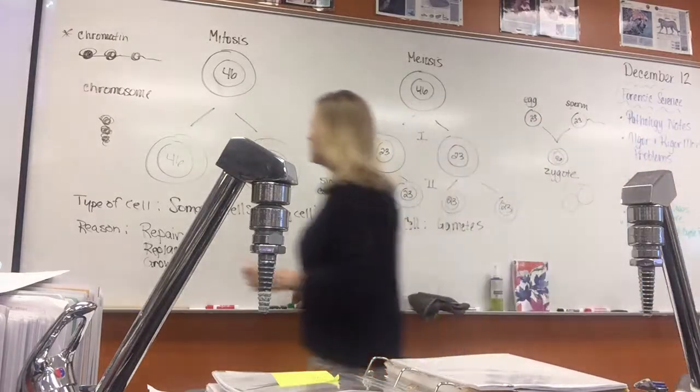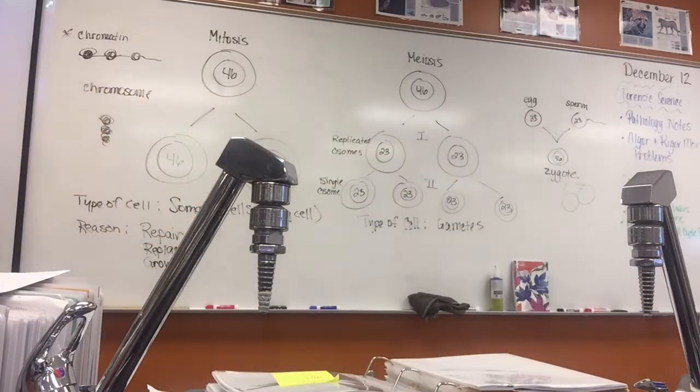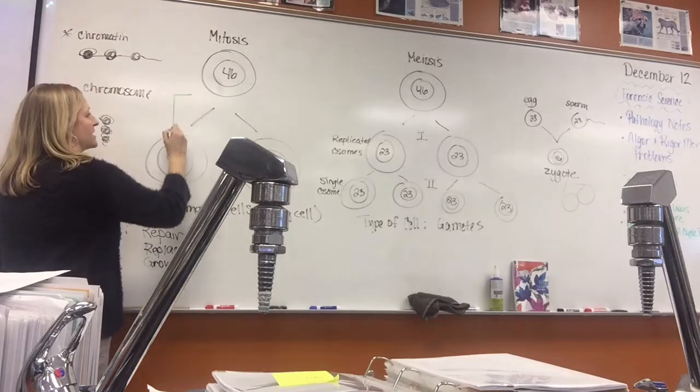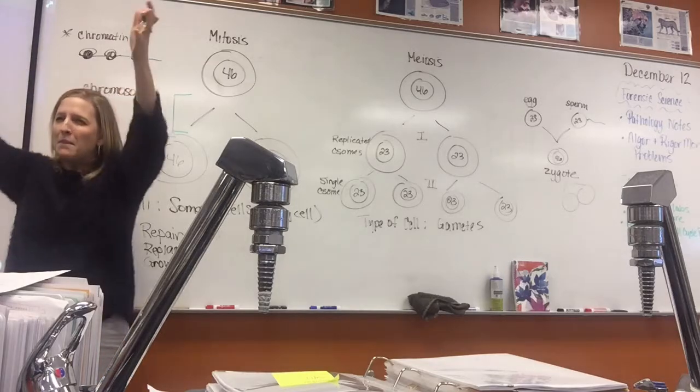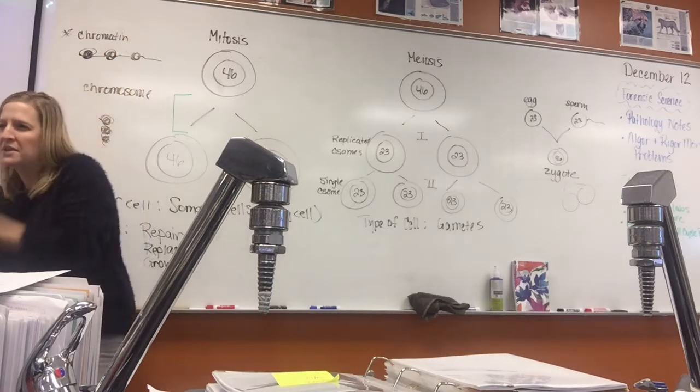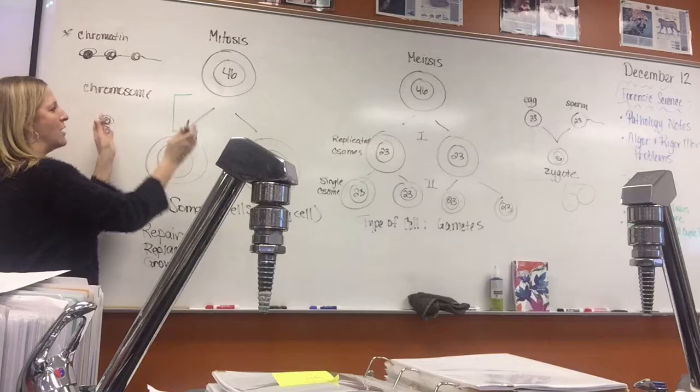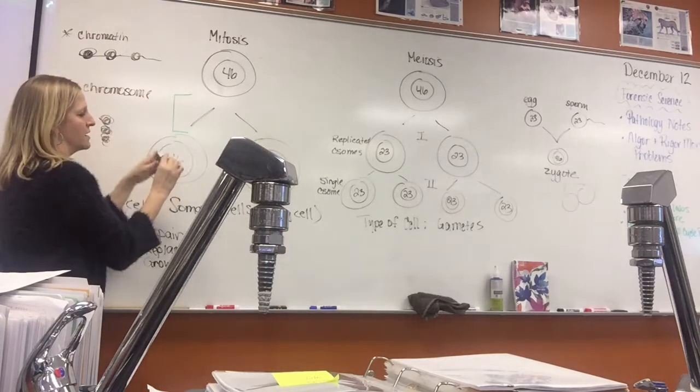Now, what I want to do is we're going to flip your sheet over and talk about more of the nitty-gritty as far as this part here. So I wanted you to see the big picture, what mitosis is, what we end up with, what's the end result, without getting bogged down in the middle part.